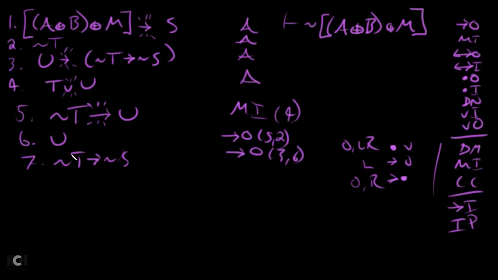And look, because I already had that squiggle T in line 2, this here actually is another arrow I can immediately do an arrow out on. What do I get? Squiggle S, because here's the arrow, the left side of squiggle T, I already have a match. So this is arrow out, 7 and 2.